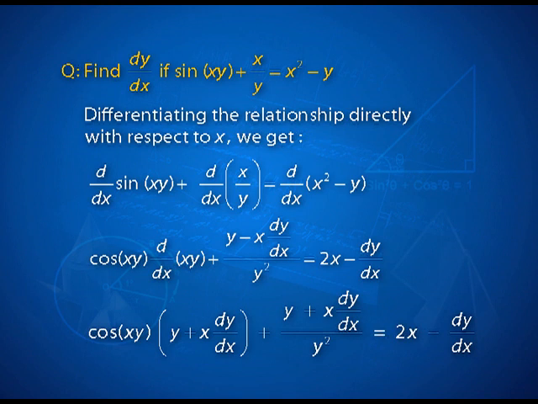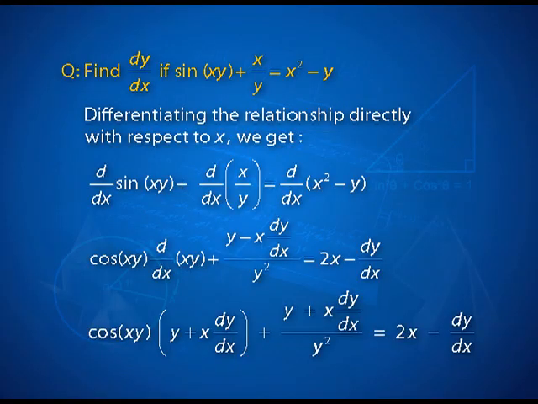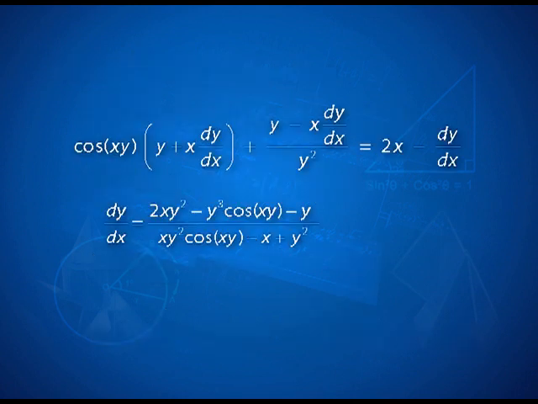Our job was to find dy by dx. So, what you really need to do is to rearrange, rewrite this expression and separate out dy by dx, which will give rise to the final answer written here for you. I will leave the little bit of simplification in between for you to follow up with.